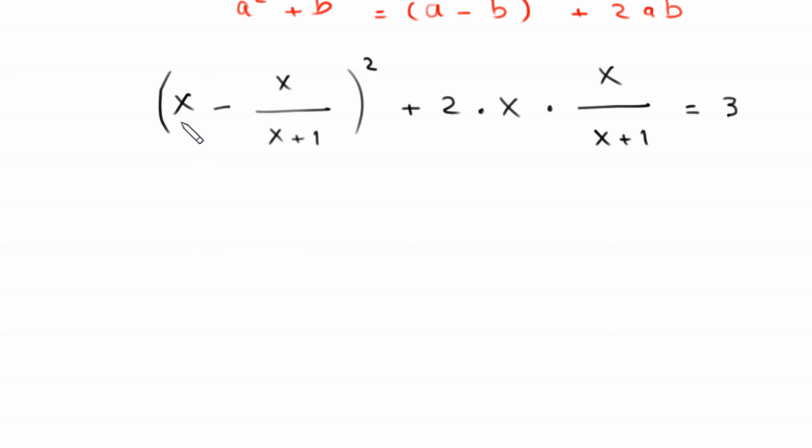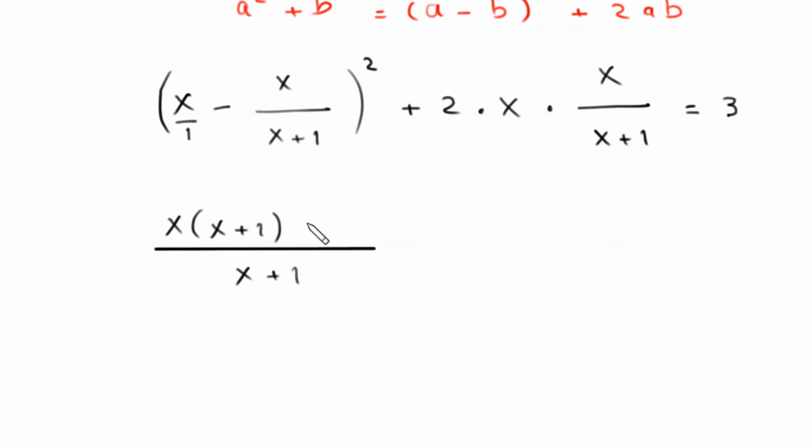Now we can write the denominator of this x as 1. We take the LCM of 1 and x plus 1, which is x plus 1. When we divide this x plus 1 by 1, we get x plus 1, so we multiply this x by x plus 1.